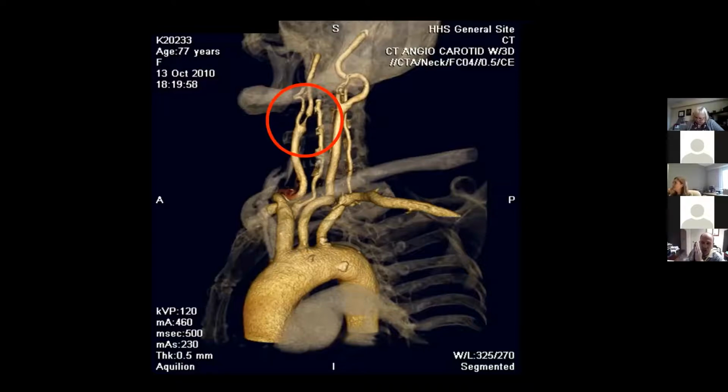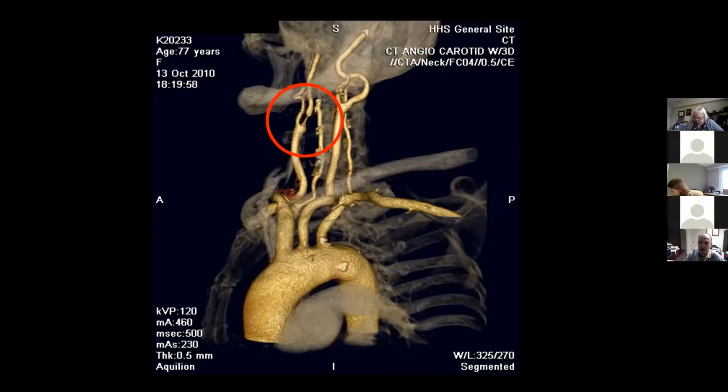So they go up with a mesh and then they just expand it and smush the plaque against the wall and trap anything there from escaping and going up. So it's just another way of mitigating the risk of clot going up there. You're basically throwing down this mesh on the whole situation and then opening up the artery and leaving it there. So there are 4 or 5 classic indications for stenting as opposed to surgery.